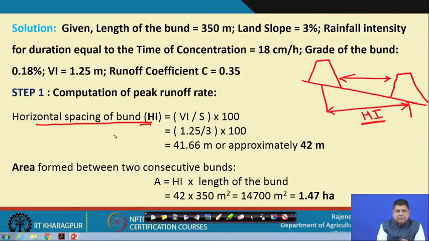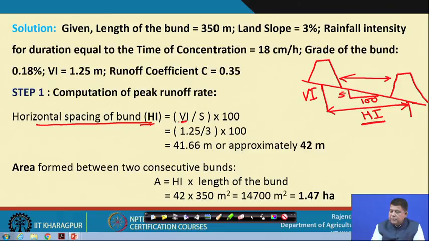We know that from the previous class also, and also in contour bunds we know that there is a direct relationship between horizontal interval and vertical interval, that is HI equal to VI by S into 100. I also said that you do not have to remember this formula, because this is vertical interval, this is horizontal interval, and at the same time we also know that it is S by 100.